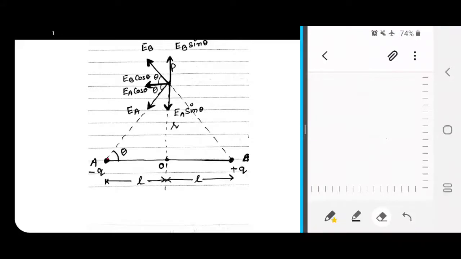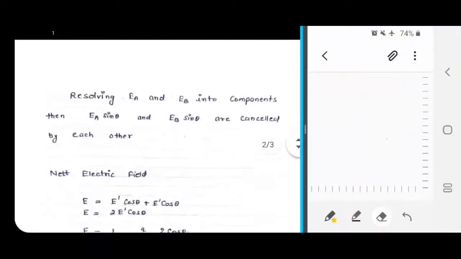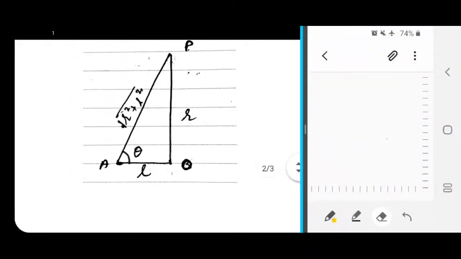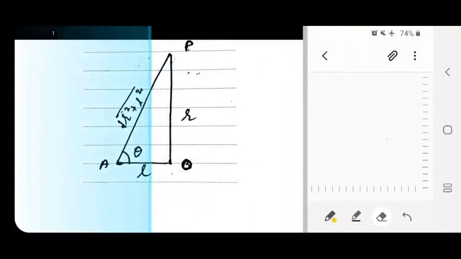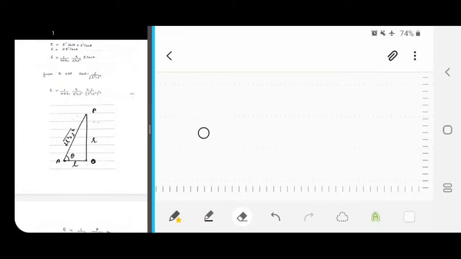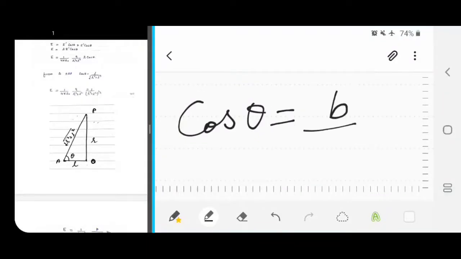triangle APO. We have taken the triangle APO, that is AOP here. The value of cos theta, as we know, equals base upon hypotenuse.